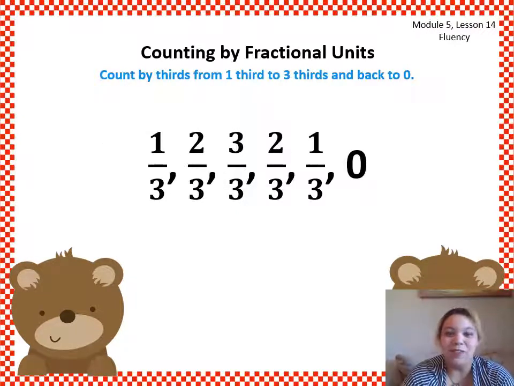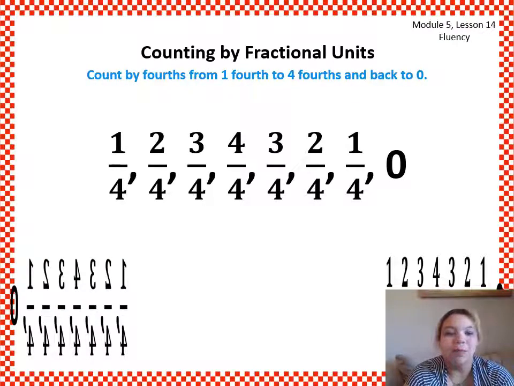Let's see if we can do the same thing by thirds. 1, 2, ready, go. 1/3, 2/3, 3/3, reverse, 2/3, 1/3, 0. One more time, let's do it by fourths. 1, 2, ready, go. 1/4, 2/4, 3/4, 4/4, 3/4, 2/4, 1/4, 0.